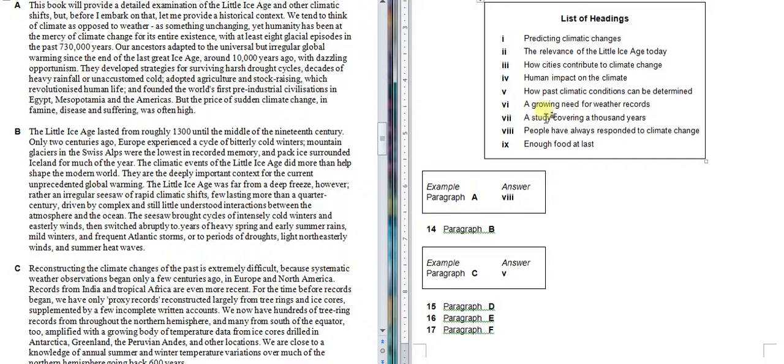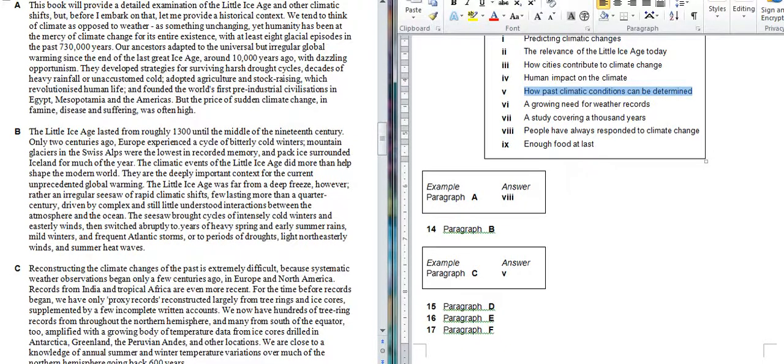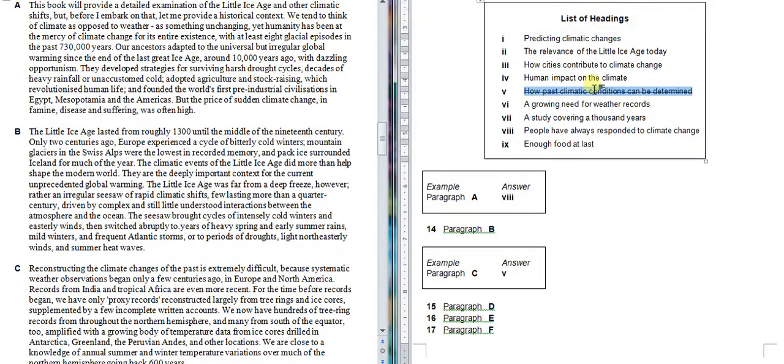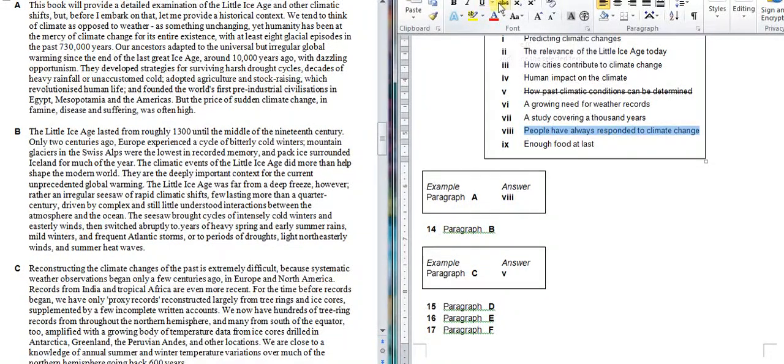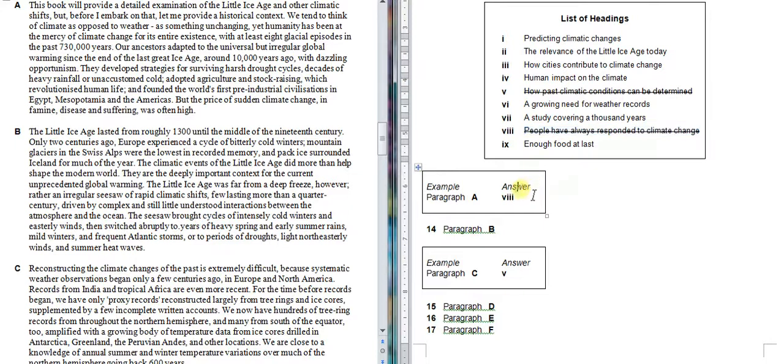B, D, E, F. Answer choice 5 is already finished, so we can get rid of that. And answer choice 8 is also finished. Okay, those have been taken by paragraph A and C.